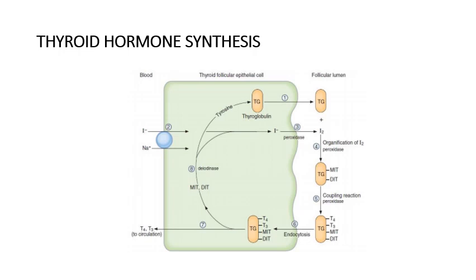The T4 and T3 alone get released into the bloodstream after being cleaved from thyroglobulin. So this constitutes the steps involved in thyroid hormone synthesis. The four important steps are iodine trapping and organification, coupling reaction, endocytosis, and finally proteolysis and release of hormones in the bloodstream.